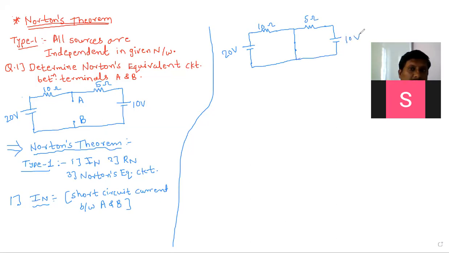We are shorting the two terminals, this is A, this is B. We have to find the short circuit current between A and B. This current name is IN. Now which concept can we use to find this IN?